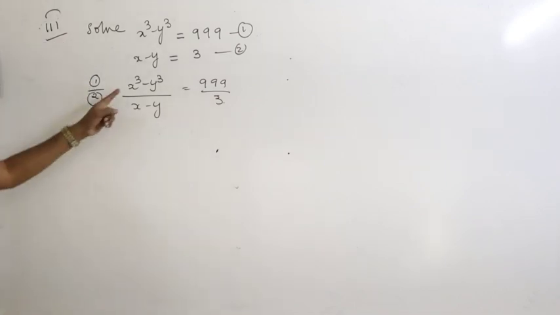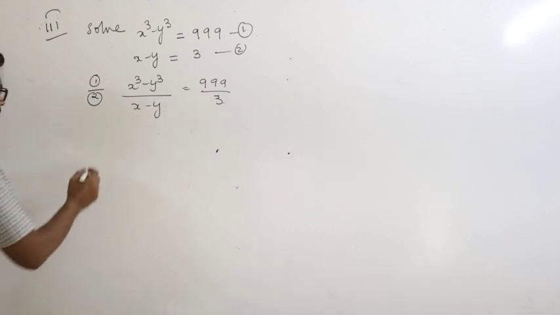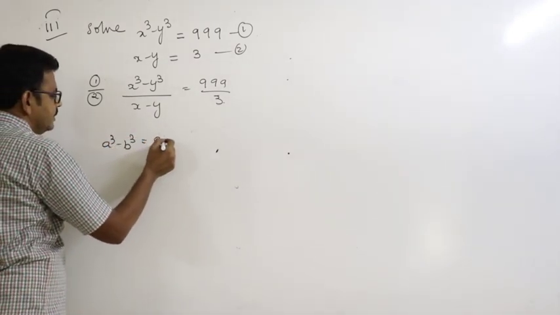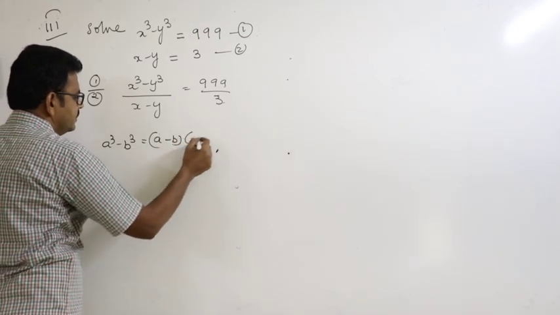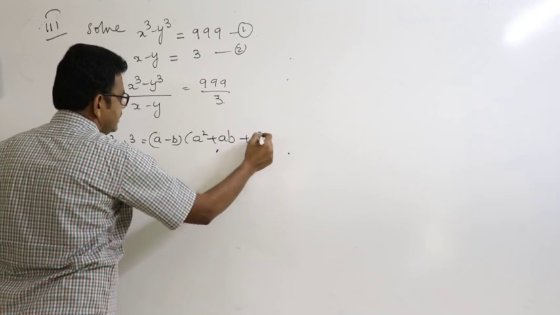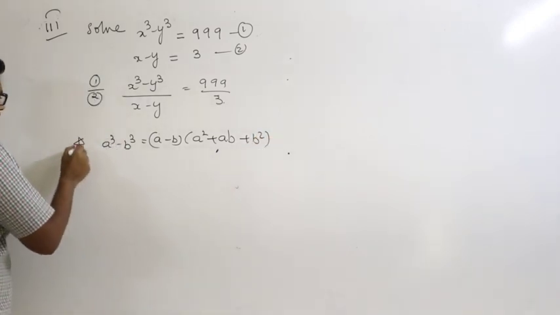You know the formula of a cube minus b cube. What is a cube minus b cube form? It is a minus b into a square plus ab plus b square. So this is the formula.